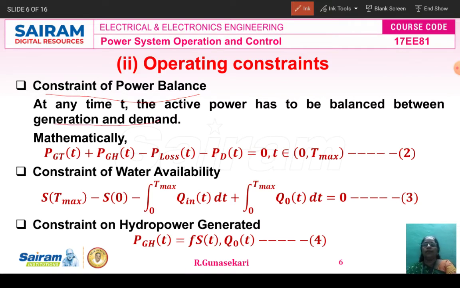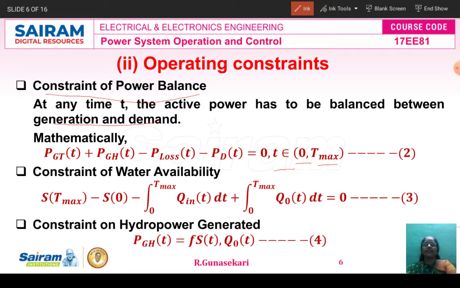The formula is Pgt of T plus Pgh of T minus Ploss of T minus Pd of T equal to 0, where T is the time period from 0 to T max.